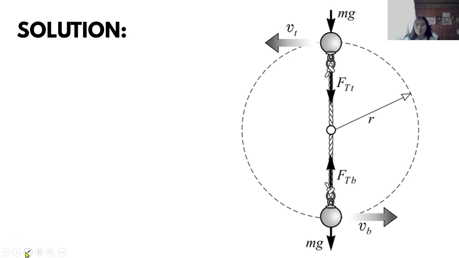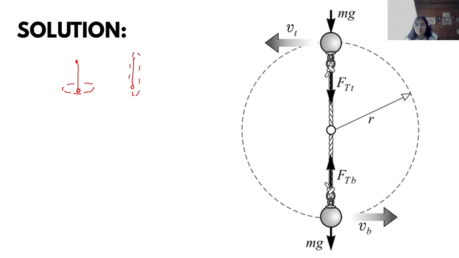nabanggit merong vertical curve. So, kanina, horizontal curve lang tayo. So, ang difference kasi ng horizontal curve and vertical curve, assume na may ball, may tali kayo dyan. Pinaikot nyo siya ng horizontal curve. So, ganito ang ikot niya, okay? Kapag pinaikot nyo ng vertical curve, ganito yan.